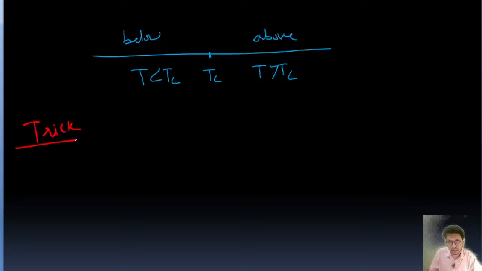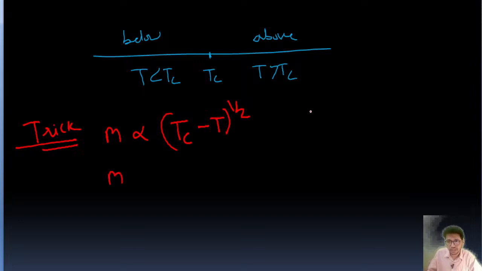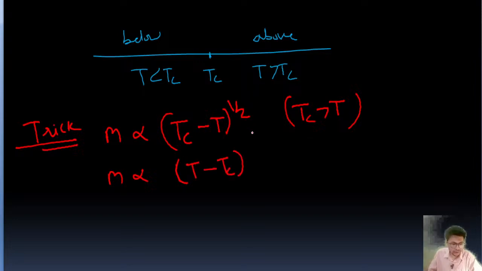If Tc is greater than T, then M is going to be proportional to Tc minus T to the power half. And the second case, T is greater than Tc: M is proportional to T minus Tc, and this power is going to be minus 1.